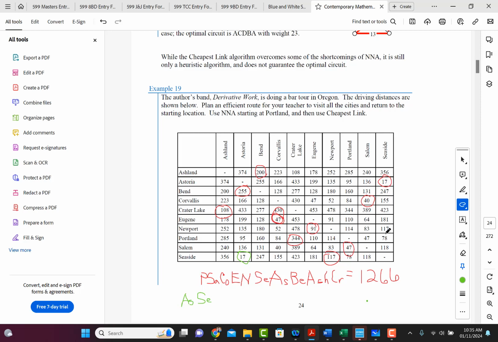We want to do the next one, which is going to be 78. That's going to take us to Portland.